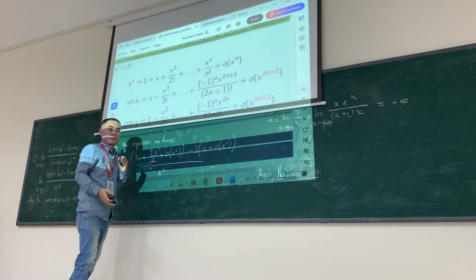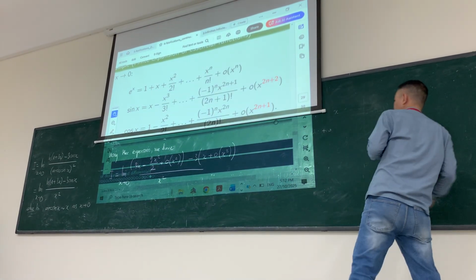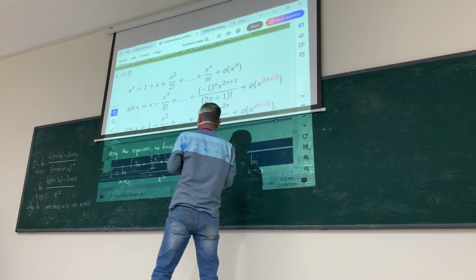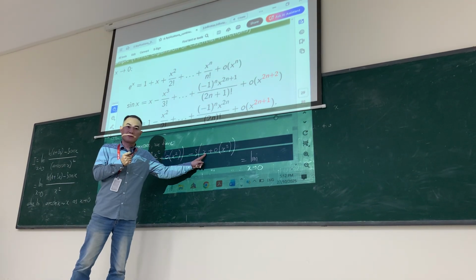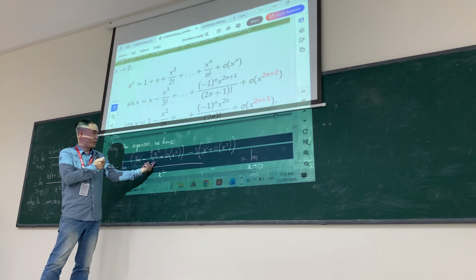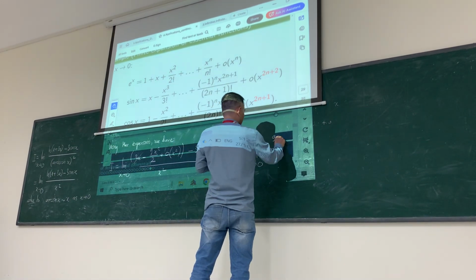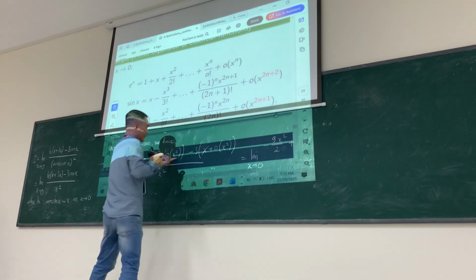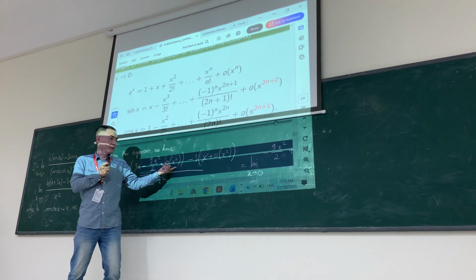Now, to continue, let me reduce. Is equal to the limit as x tends to 0 of 3x. Okay, we can do this. The 2 right here, keep it. Minus 9x squared over 2 plus an infinitesimal of higher order than x squared.